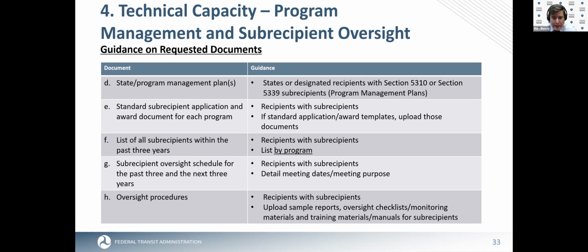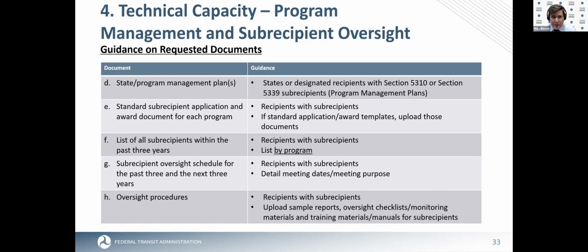Under item F, then, provide a list of all the subrecipients that you've had within the review period. As Greg keeps saying, it's not 3 years, it's 4 years. And what's important here is, first of all, you want to list the subrecipients by program. So if it's a 5310 subrecipient or 5339, whatever, indicate which funding source it is, but then also be cognizant of the fact that it's any subrecipient that you had during the review period.